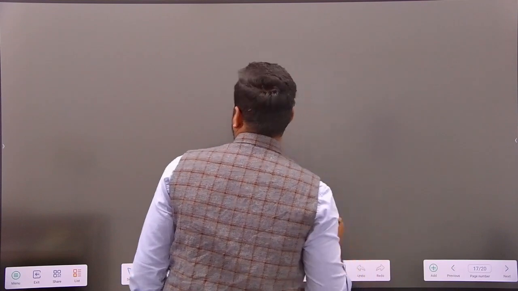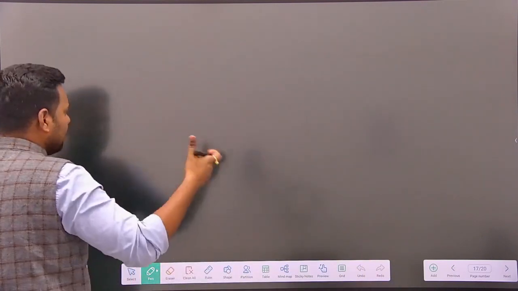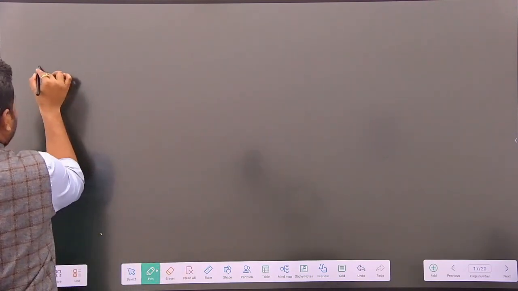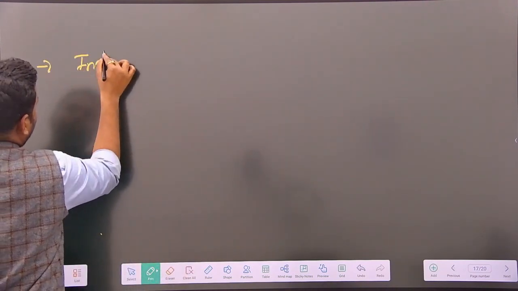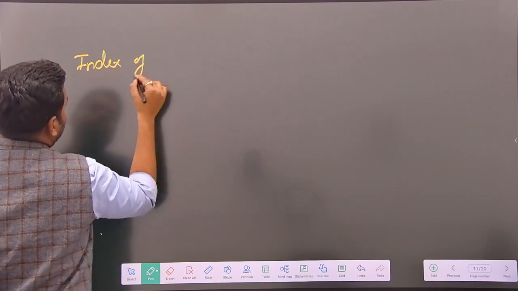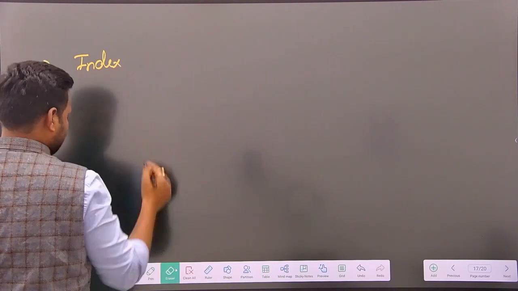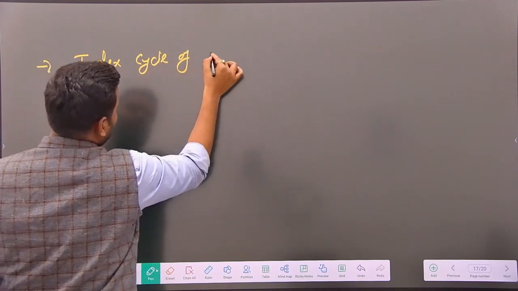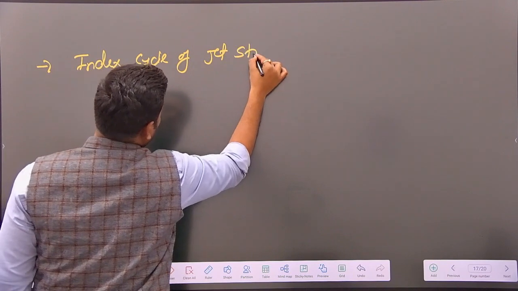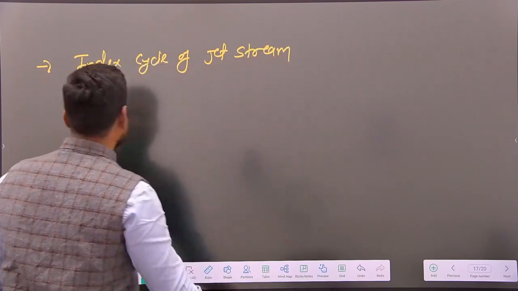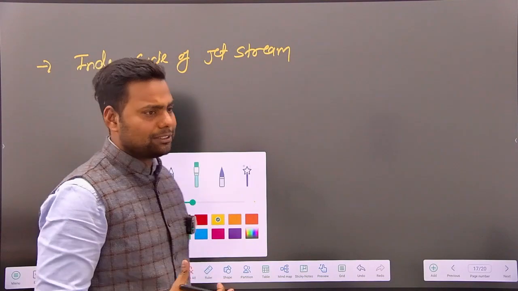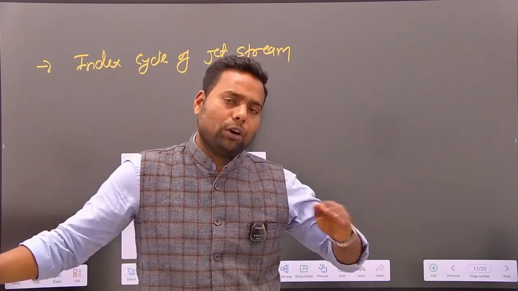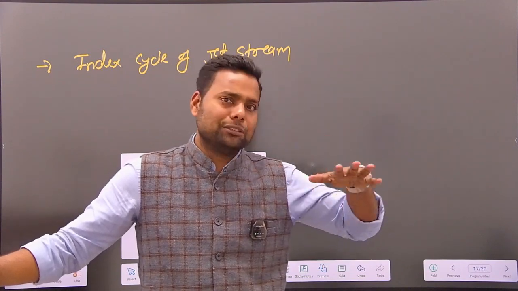Further we move, and firstly we discuss the index cycle of jet stream, and then we talk about the types of jet stream. What is the meaning of the index cycle of jet stream? The index cycle of jet stream is basically based on the four successive periods, or the four successive development stages, of the jet stream.